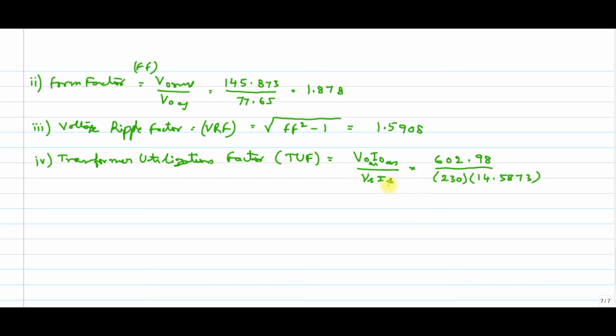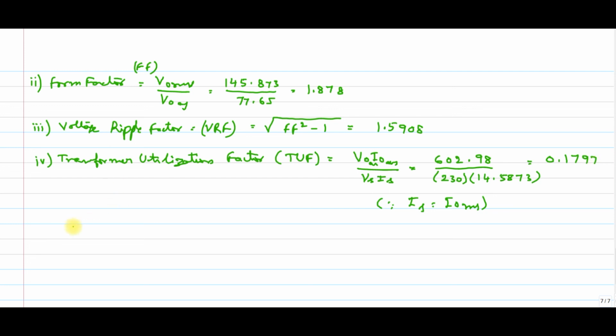This is the I naught RMS only, since Is is equal to I naught RMS. So the transformer utilization factor is 0.1797. This is the answer.